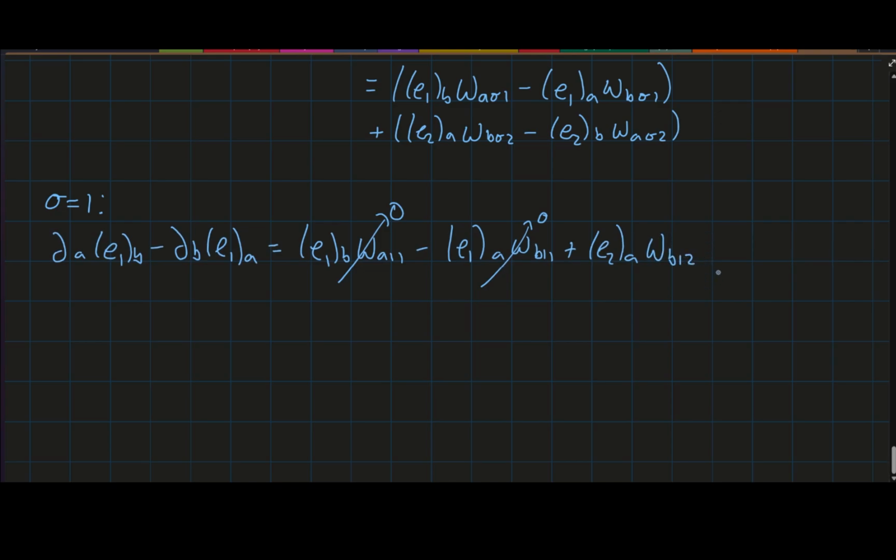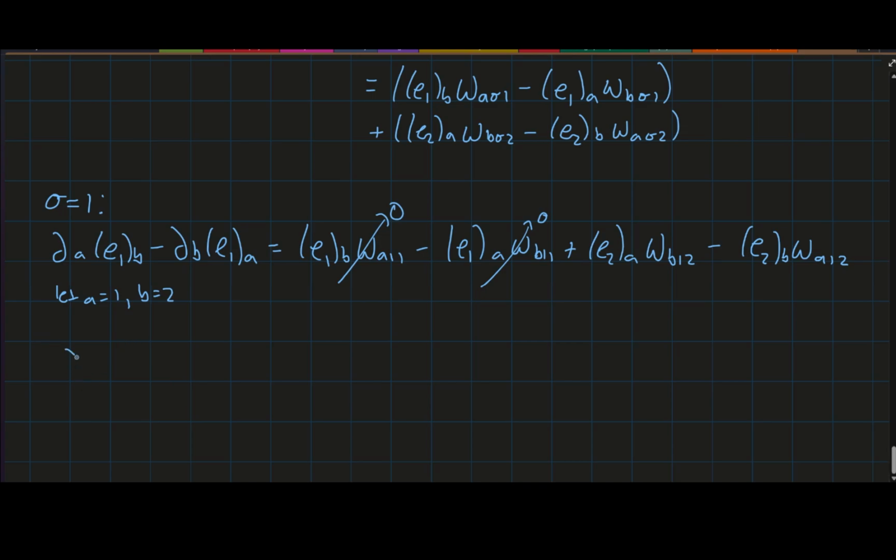This one isn't trivially 0. Minus E2 B omega A12. So we're going to let A equal 1, B equal 2.